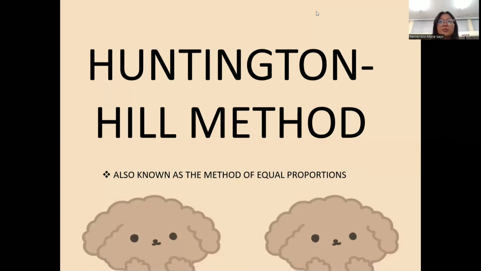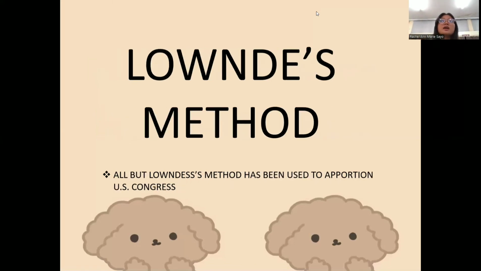The method assigns seats by finding a modified divisor D such that each constituency's priority quotient, its population divided by D, using the geometric mean of the lower and upper quota, yields the correct number of seats that minimizes the percentage differences in the sizes of subconstituencies. Lastly, what we have is the Lowndes method.